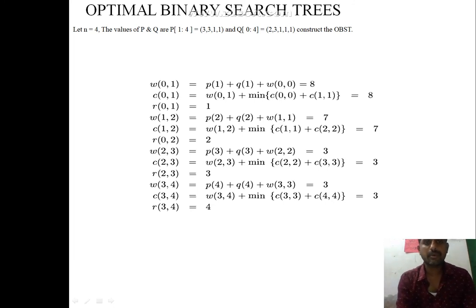Here in the optimal binary search tree, we have to calculate the different types of subtrees and implement the particular constructions. For example, to construct all the optimal binary search trees for n equal to 4, P is 3, 3, 1, 1 and Q is 2, 3, 1, 1, 1.